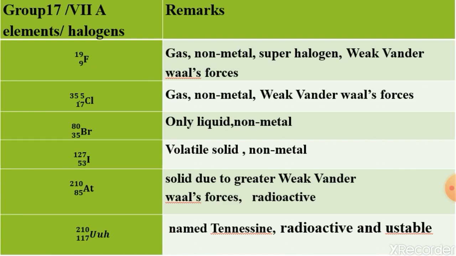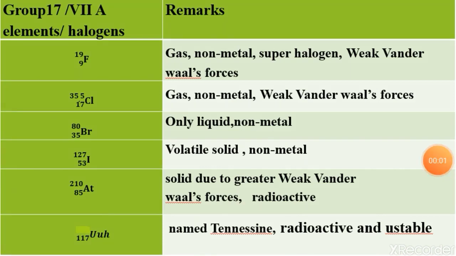The half-life of astatine having mass number 210 is 8.3 hours, and for one isotope of astatine, having mass number 211, the half-life is 7.5 hours. So these are radioactive elements.